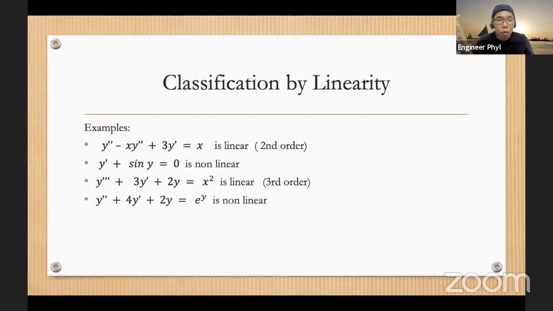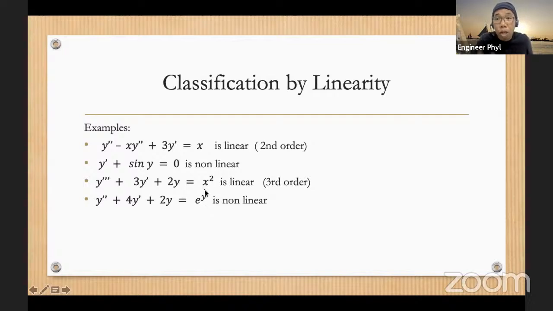Okay, fourth example: y double prime plus 4y prime plus 2y equals e raised to y. So it is nonlinear. Why nonlinear? As you can see, we have an exponential function here, e raised to y, and y is the unknown function. That should not be there if you want to make the equation linear.